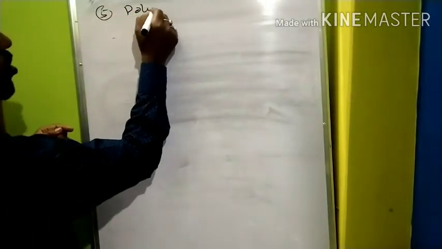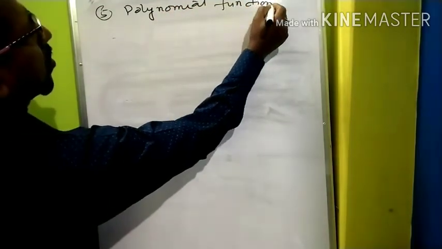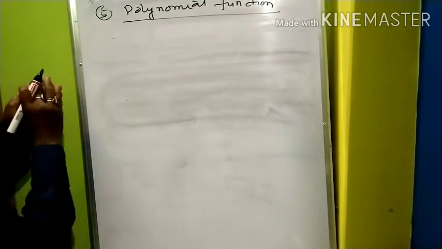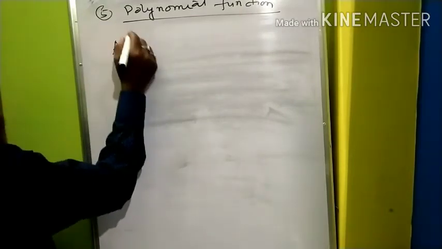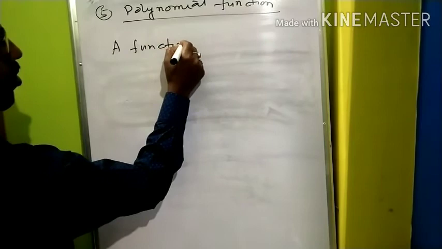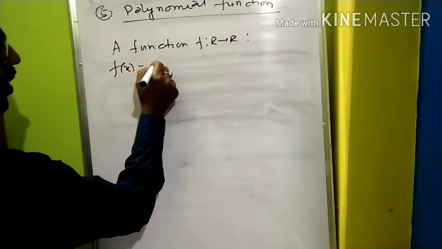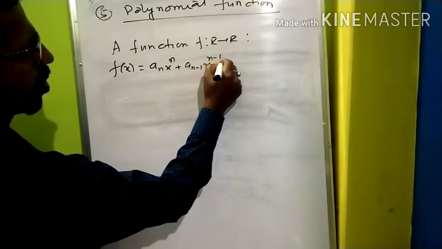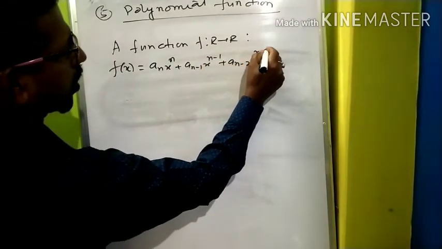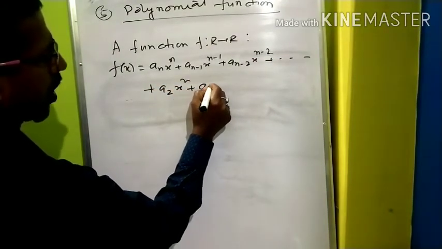Next, number 5, we are going to discuss the polynomial function. A polynomial function means a function f from R to R such that f(x) equals a_n x to the power n plus a_(n-1) x to the power n-1 plus a_(n-2) x to the power n-2 plus ... plus a_2 x squared plus a_1 x plus a_0.